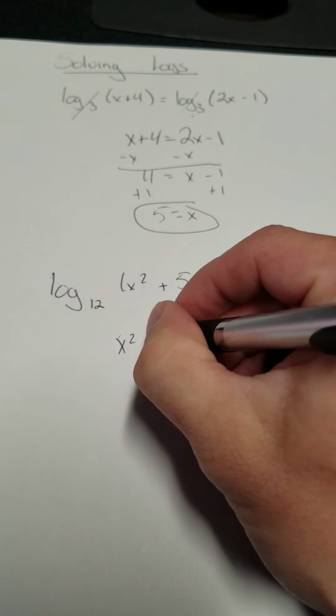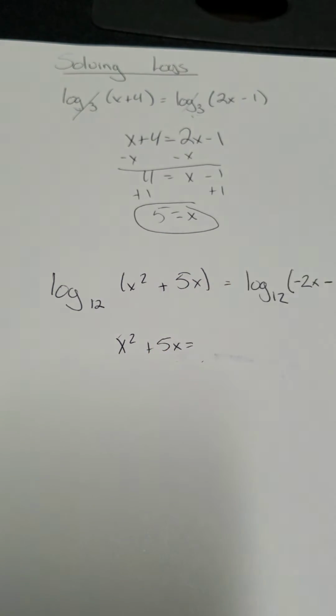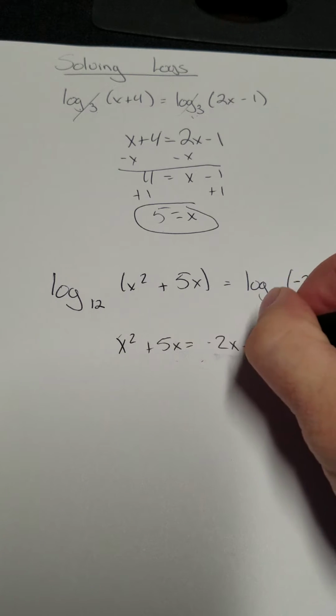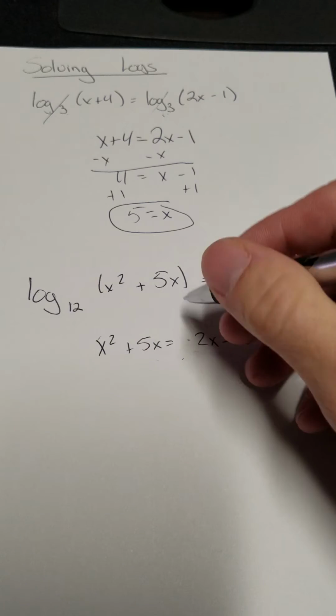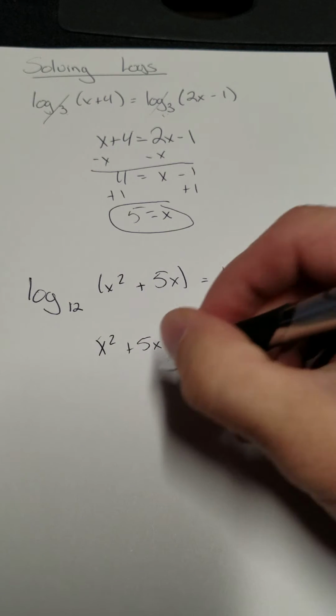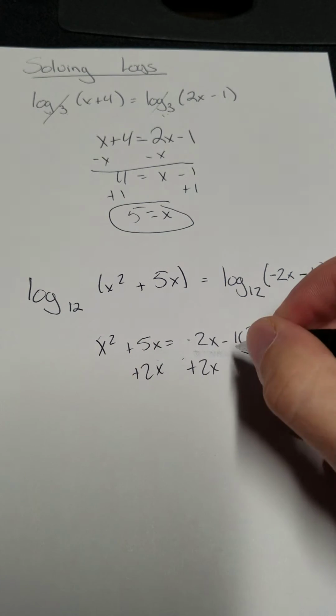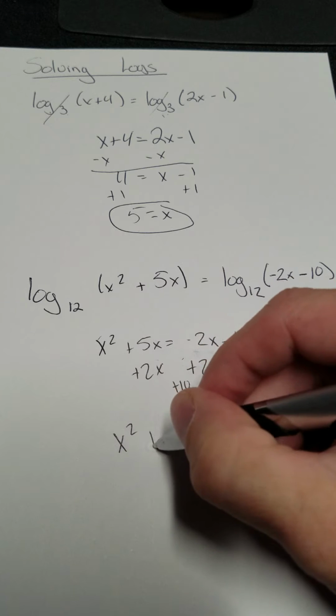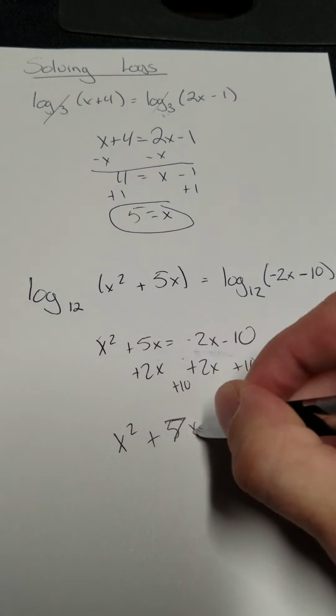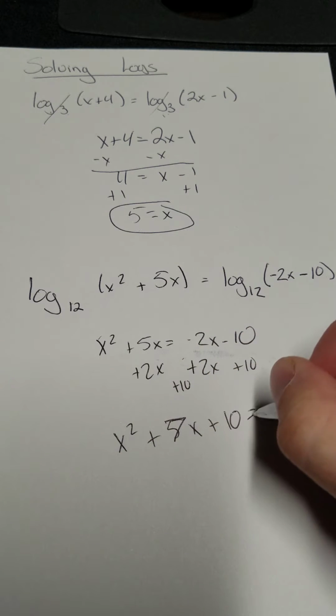Now you have x squared plus 5x equals negative 2x minus 10. In a scenario like this, you're dealing with a quadratic function, so that means you need to solve, so that means you need to get x by itself. So x squared plus 7x, sorry, plus 10 equals 0.